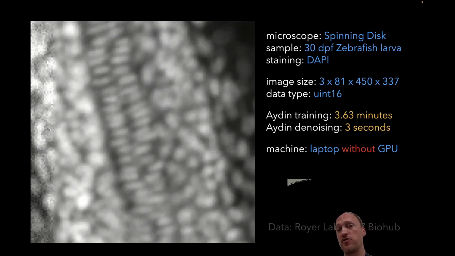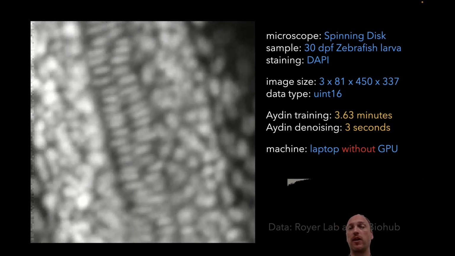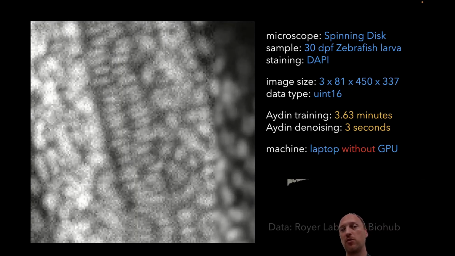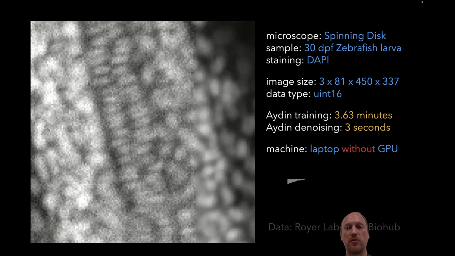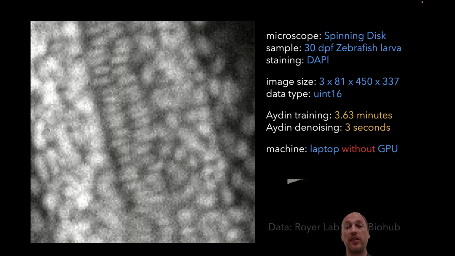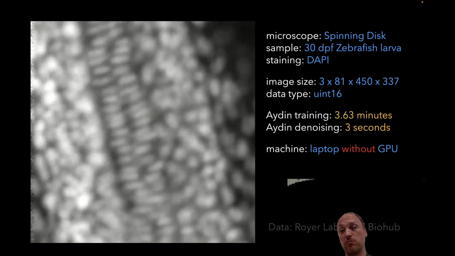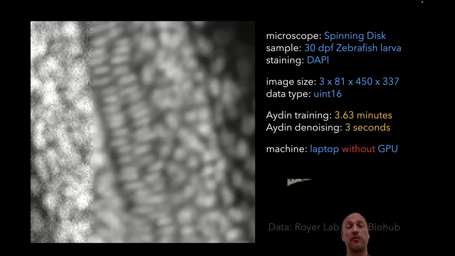So it's a fairly large 3D stack, multi-channel, and the training is just barely 4 minutes, and the denoising is 3 seconds. So for all practical purposes, you just need 4 minutes to denoise that image, and that's done on a laptop without a GPU. Okay, so that's really good. Definitely very fast.